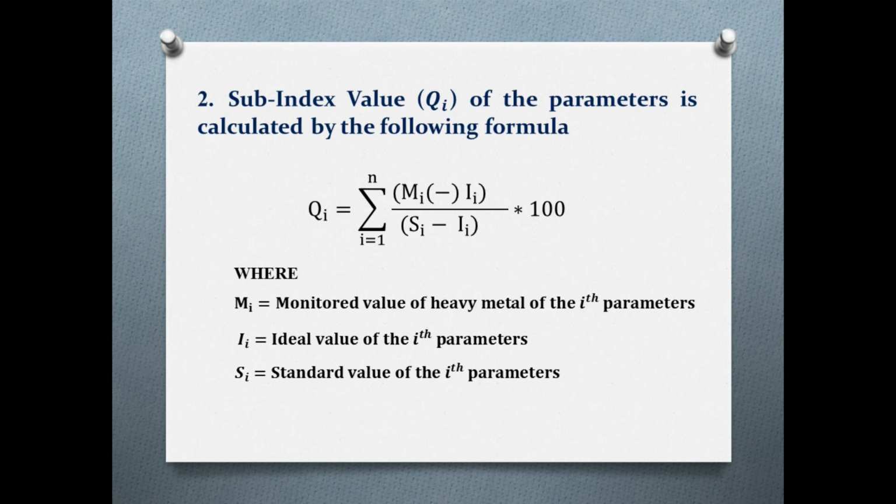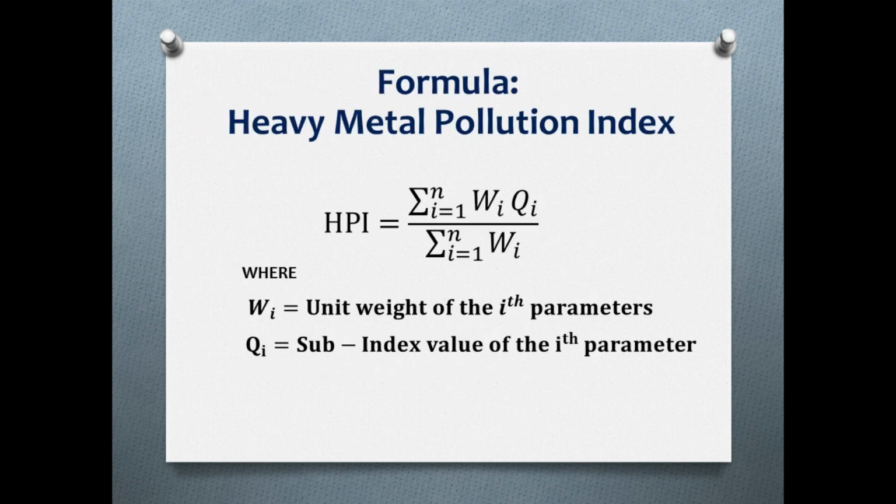Now, merging the Wi and Qi formulas together, the HPI formula is obtained, and this is the HPI formula. Using this formula, calculation of the HPI values for any heavy metals of interest in water samples can be carried out.